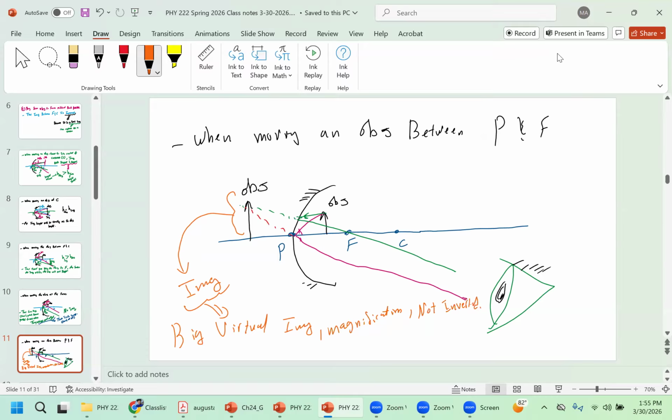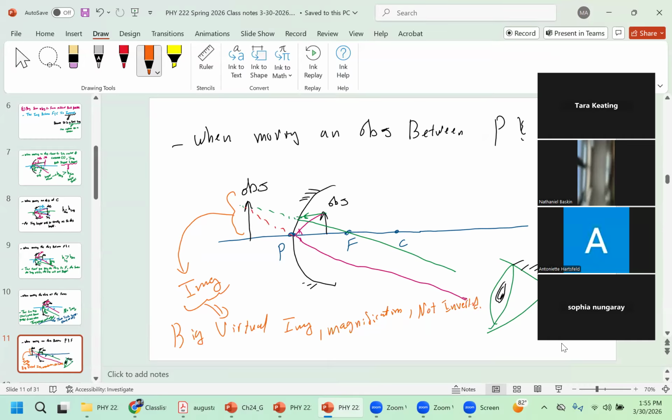You know, those types of mirrors that make your face bigger. That's because the object, your face that you're trying to look at, is between the focus and the pole. And the closer you get, the bigger the object gets. Are you all with me so far? Everybody with me? Yes, no, y'all quiet today.